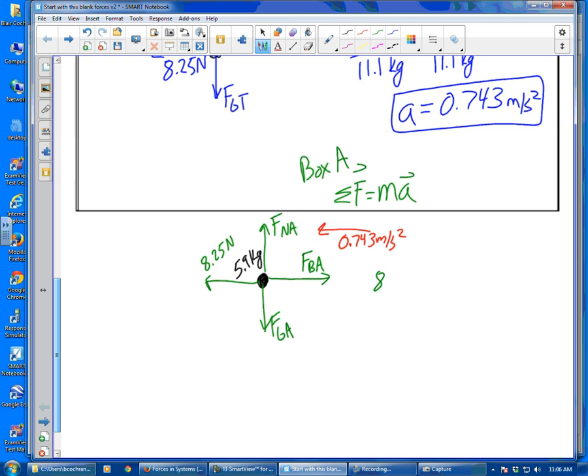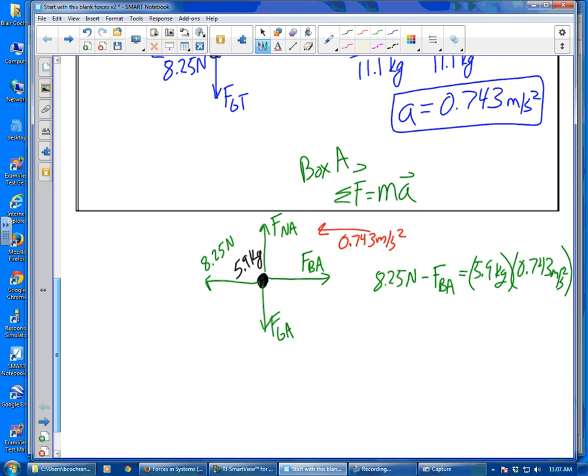So I've got 8.25 newtons minus FBA equals, and again, I'm just doing horizontal. My inertia, 5.9 kilograms times 0.743 meters per second squared.